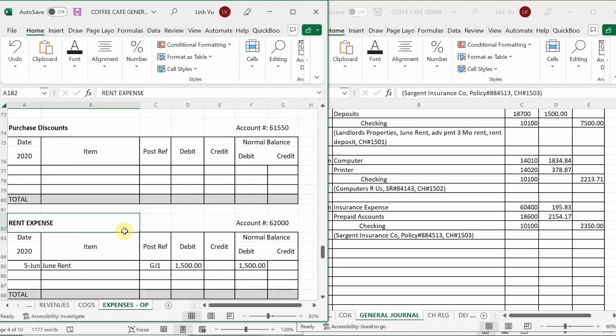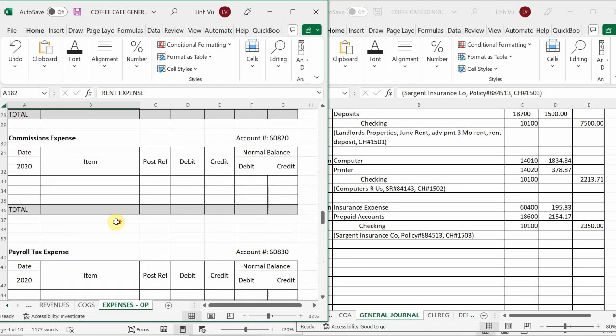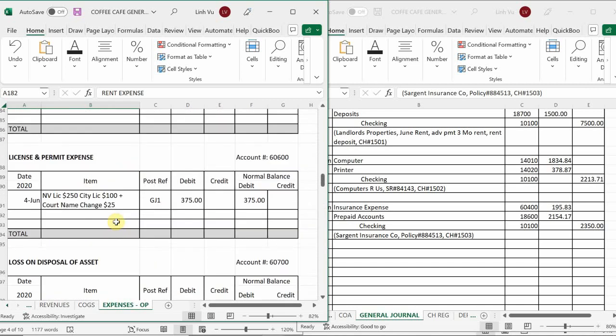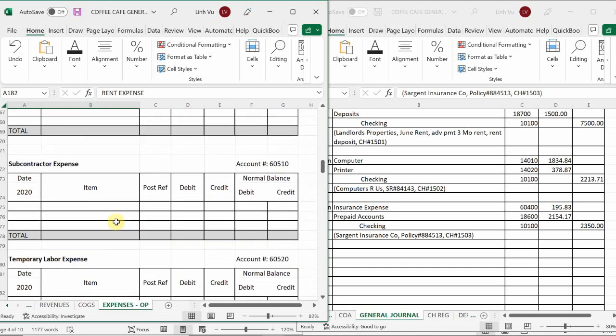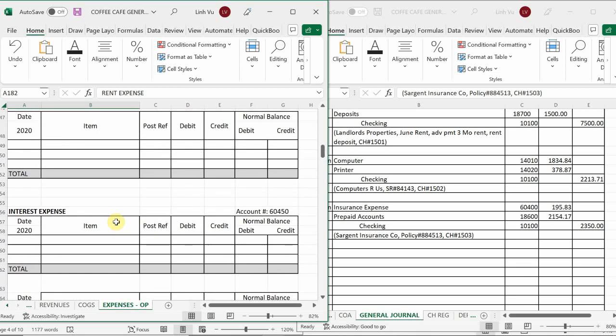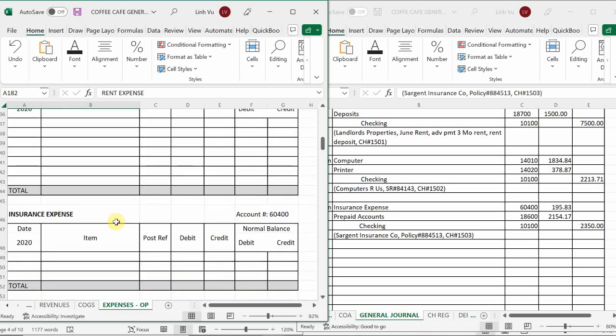So here I am in expenses. It should be in alphabetical order. So let's see. Insurance. Okay, insurance expense.